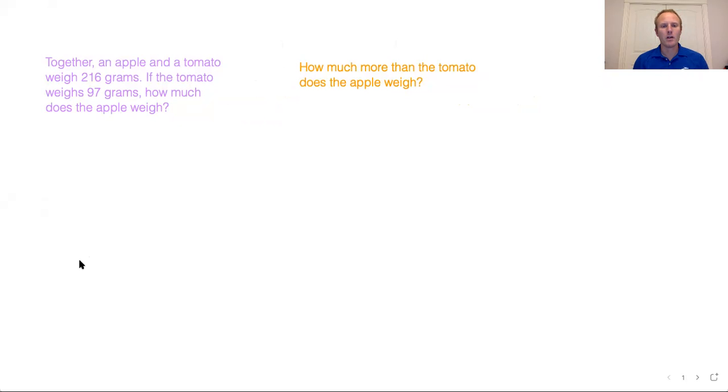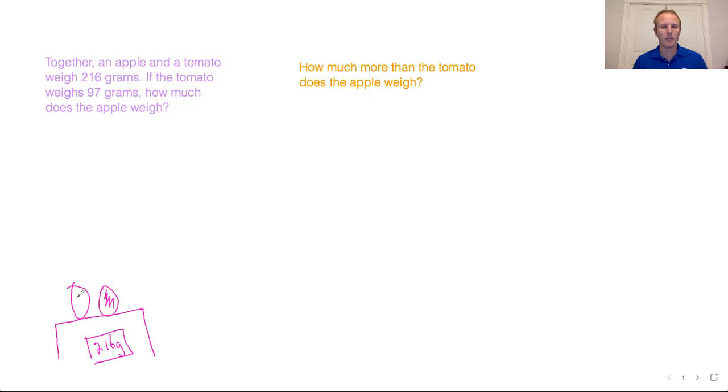So one way to think about this, and this is probably the way that you'll see it in a problem, is you'll see a scale and it will have the weight down here. And it will say 216. And you'll have both things on here. I'm not going to draw them in detail, but 2 things there, right?